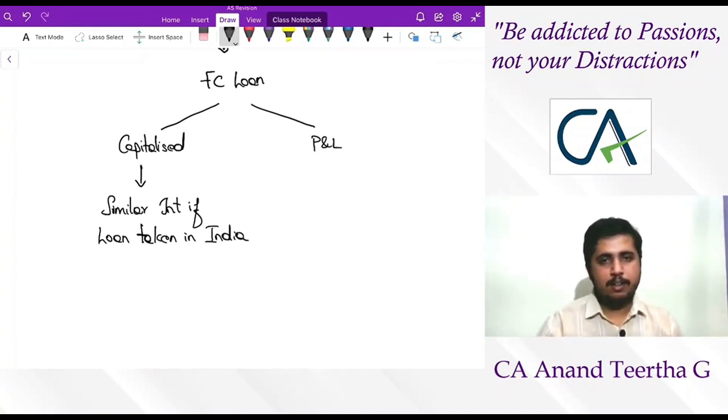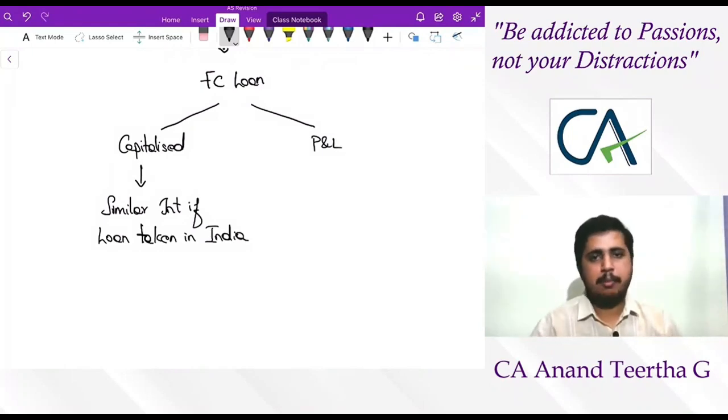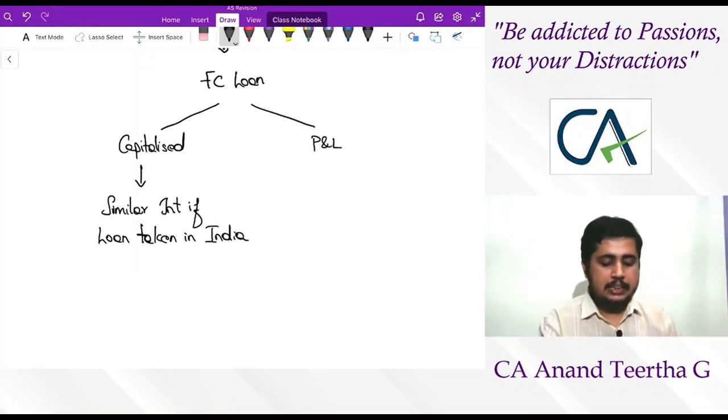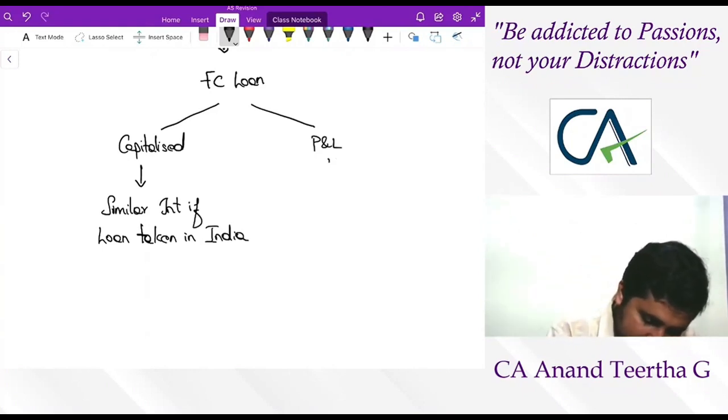But since you took it at 3%, chances are that ERD will arise, because ERD will obviously be there whenever you deal with foreign currencies. So one gain of reducing interest is leading to a loss of exchange rate differences. So for that reason, we said it is allowed to be capitalized considering a similar interest if the loan was taken in India. The other part of ERD will be transferred to P&L.